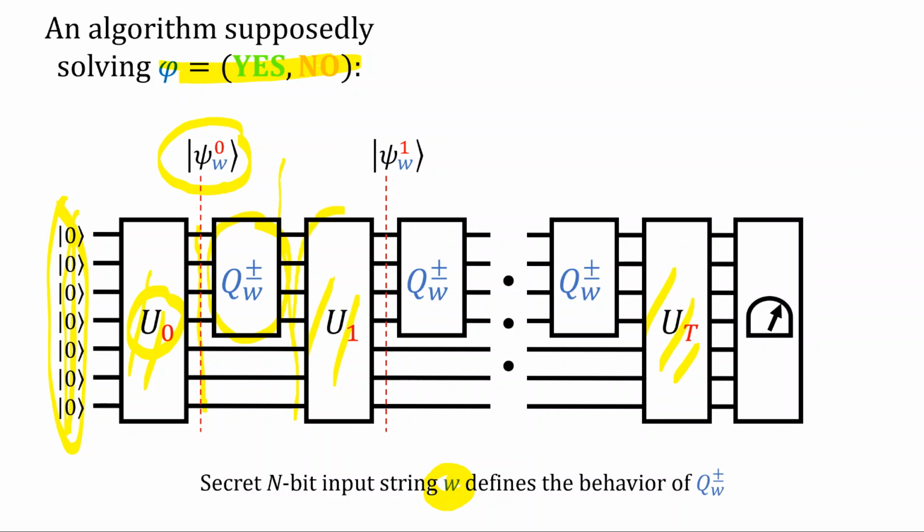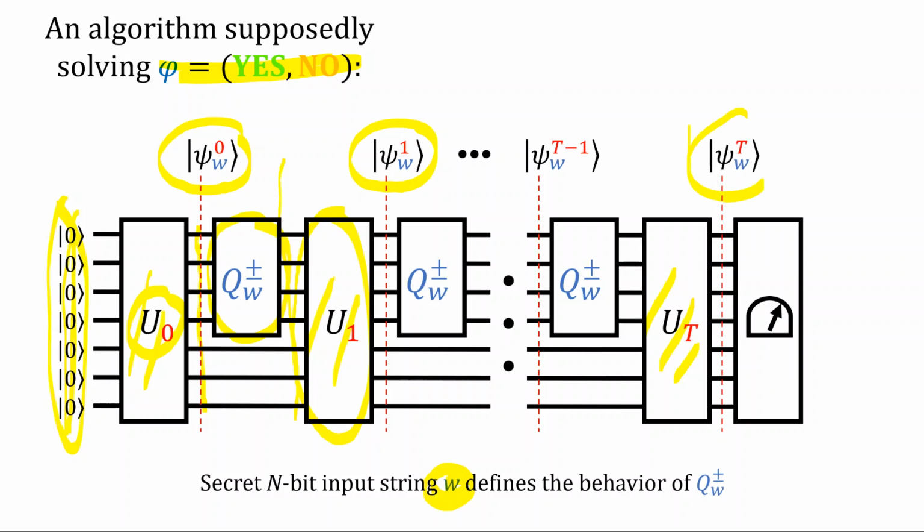And then another unitary is performed, some computation, and we get what I'll call psi superscript 1 sub w. Okay, and so forth and so on. And in general, we'll let psi superscript little t sub w be the state of the algorithm when the input is w after the little t-th unitary transformation. Okay, so it goes from psi 0 up to psi capital T if there are T queries.